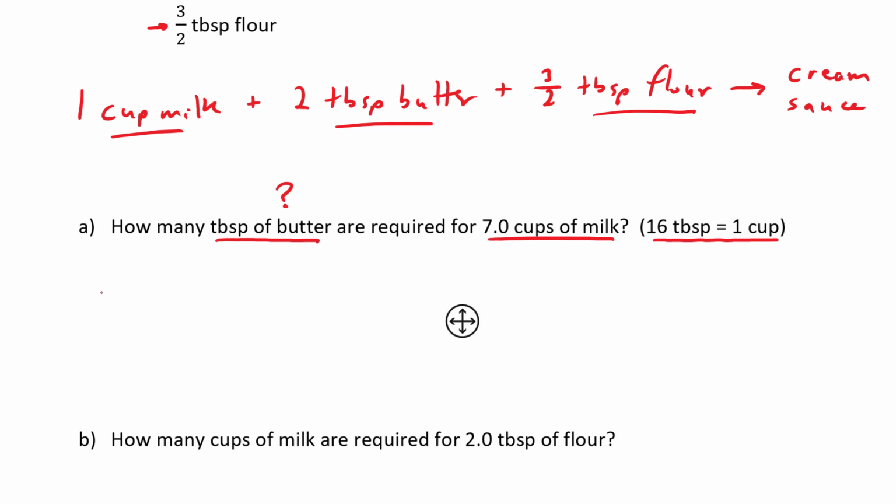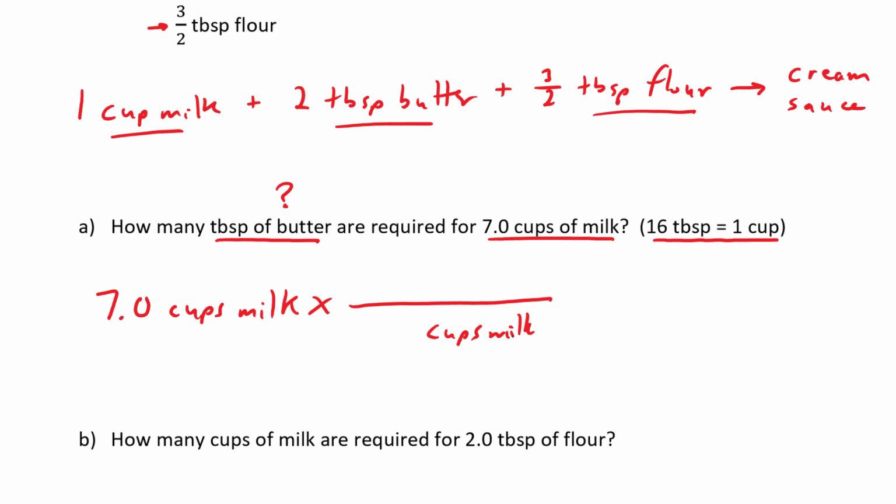Write down what we're given. 7.0 cups of milk. I want to convert now from cups of milk to tablespoons of butter. Now the question is, how do we find the conversion factor for this? What we do, we go to the recipe.